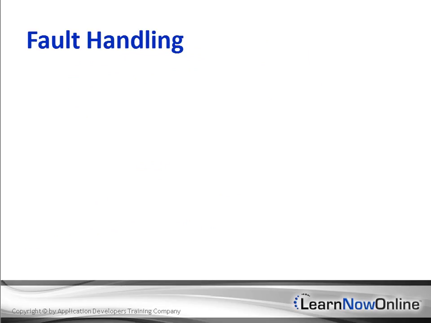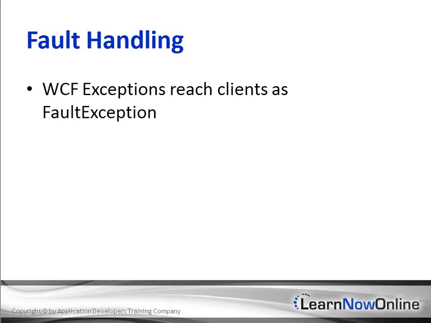In WCF, errors from services reach the client as messages that are referred to as faults. Generally, you don't want a client receiving a .NET exception. For example, the client may be written in Java, C++, or any other technology, and so exceptions are technology specific to .NET, and even though another technology may have their own concept of exceptions, they may not know what a .NET exception is.